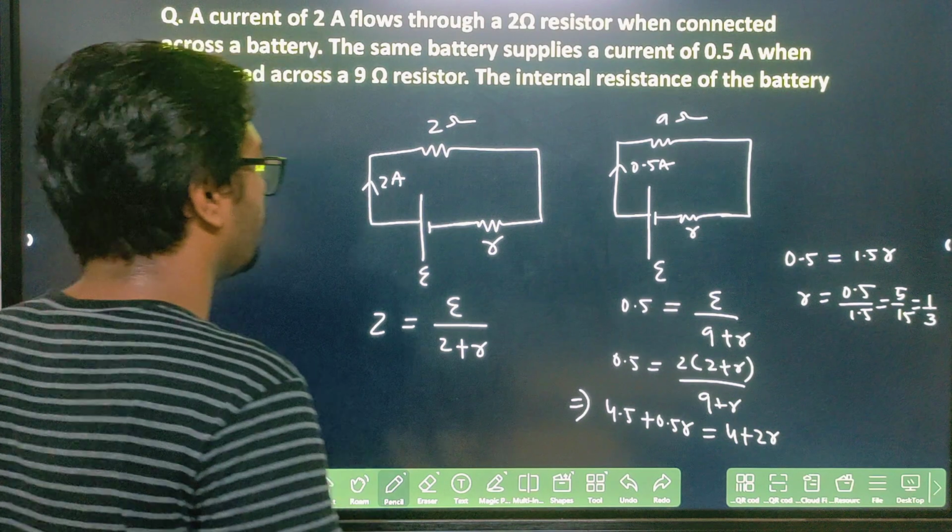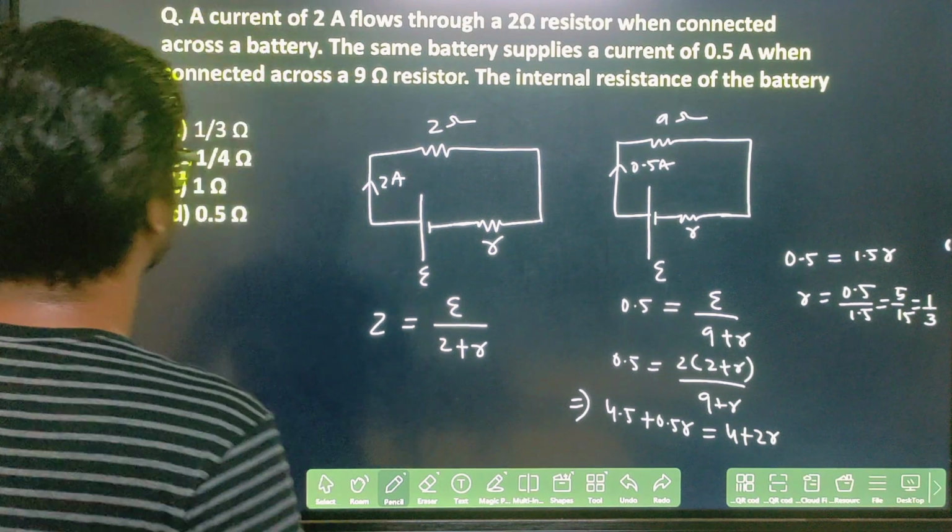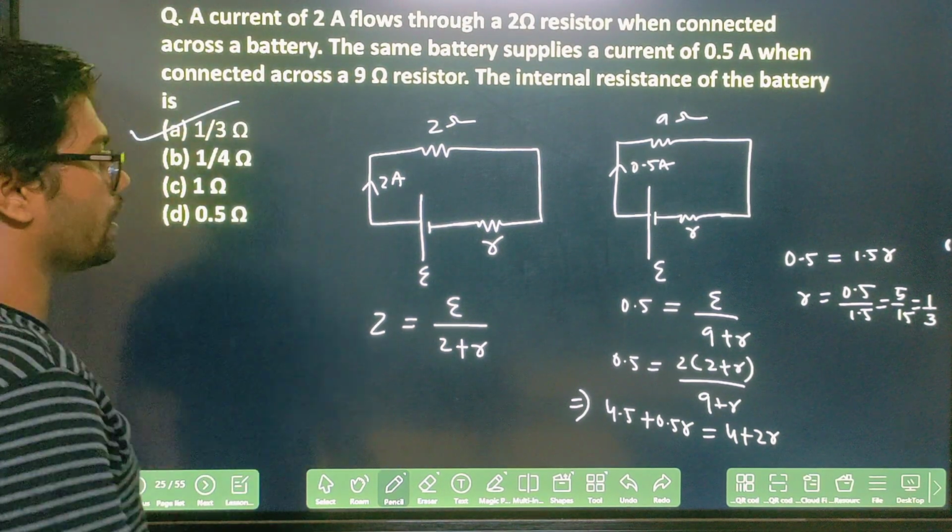So R equal to 1 by 3 you got. Option number 1 will be correct here.